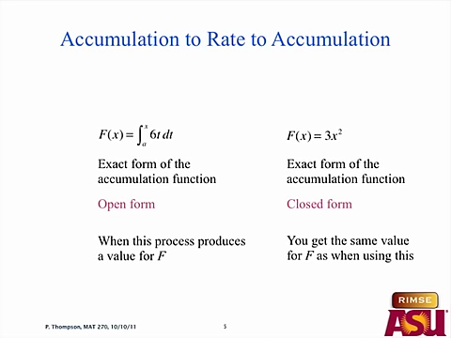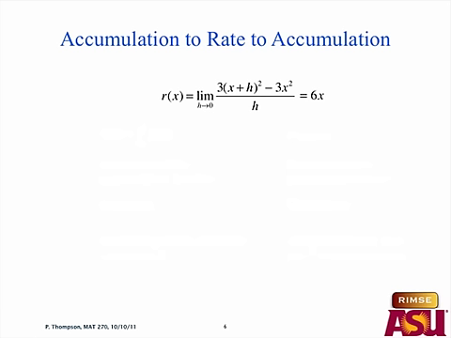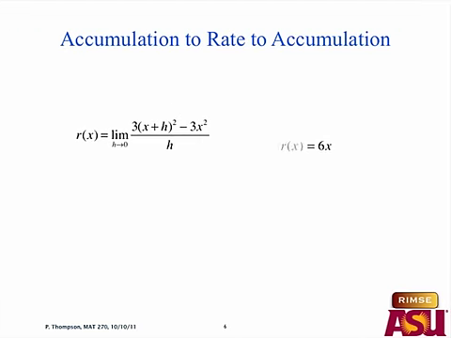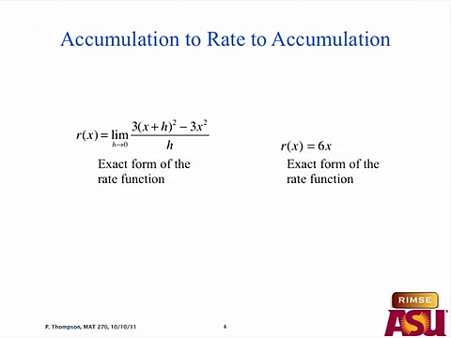Okay, there's something similar with our rate functions too. Okay, so here we set up this expression and then we found that it was 6x. Which one is open and which one is closed? Left is open or closed? Open reflects the process, doesn't give us just a function, r of x.